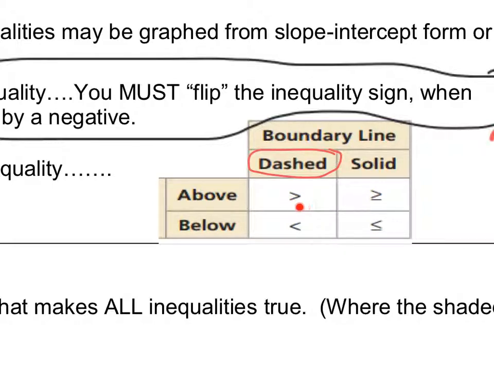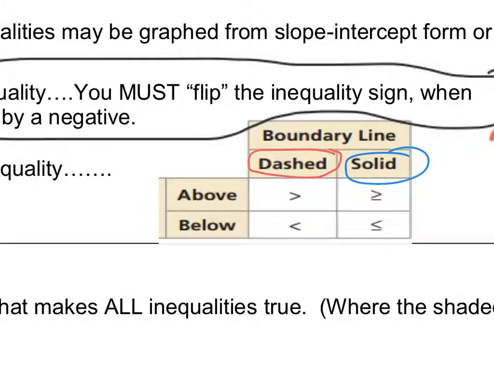Notice that there is no equal to sign in either one of these. So a dashed line means there's no equal to sign with it. And then a solid line does indeed contain the equal to sign. So the way to remember it is if it's got the little equal to sign, it's going to make a solid line. And then we also talked about above and below.